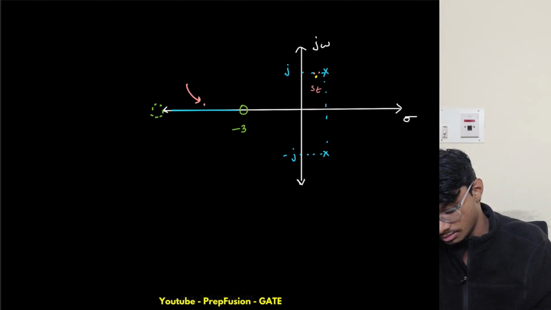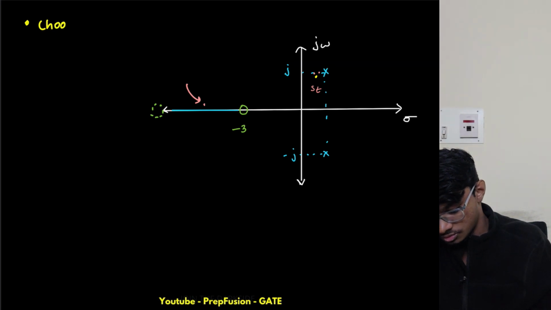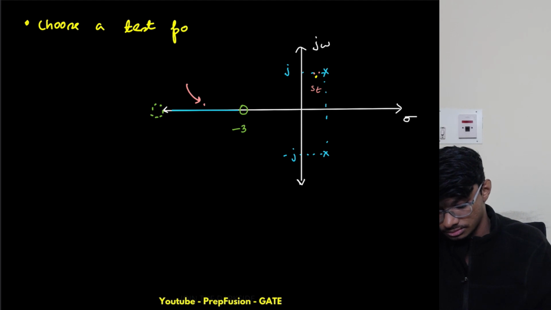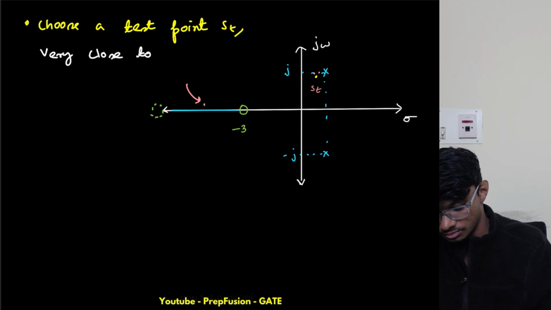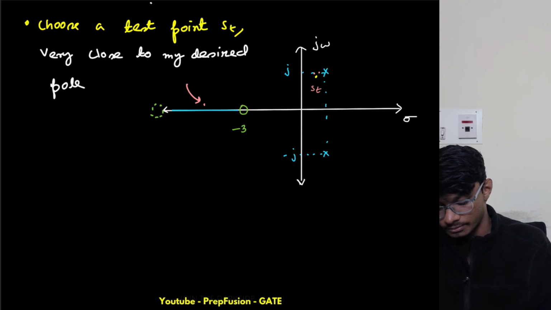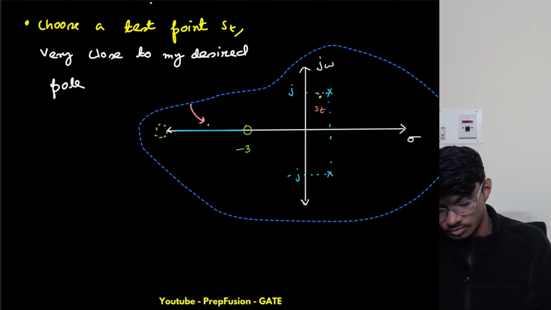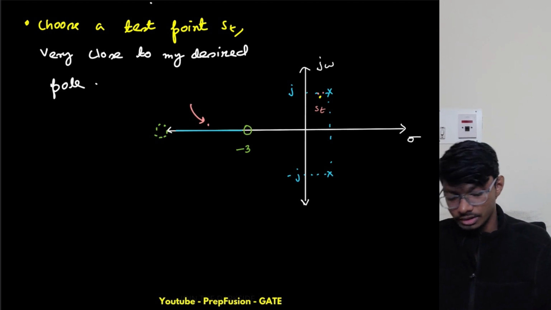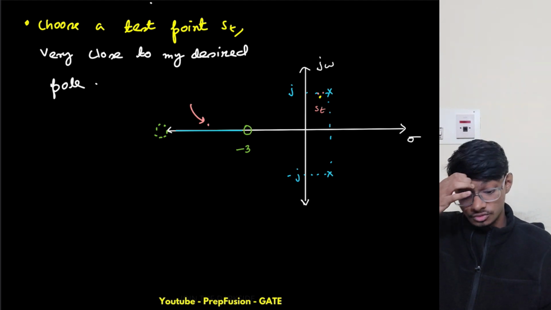So choose a test point ST very close to my desired pole. That you can choose.